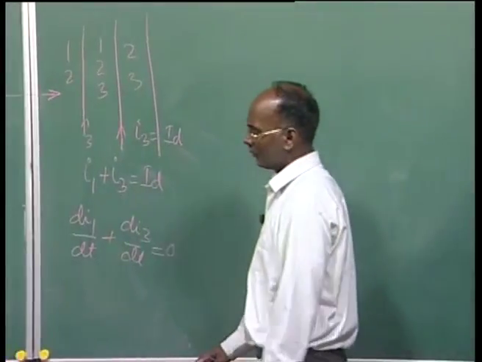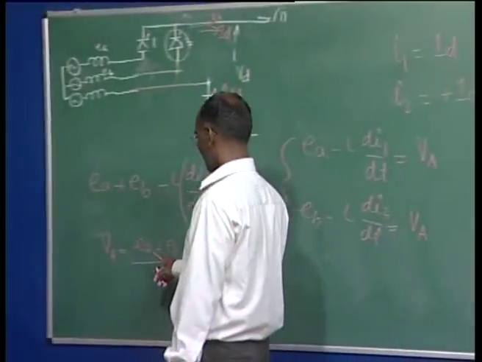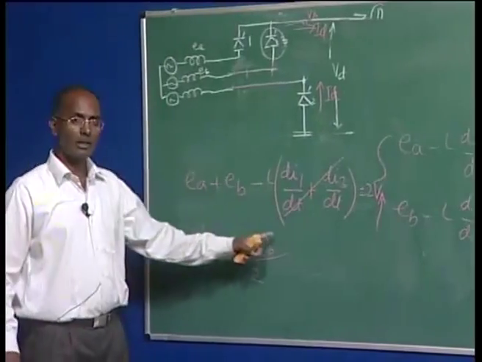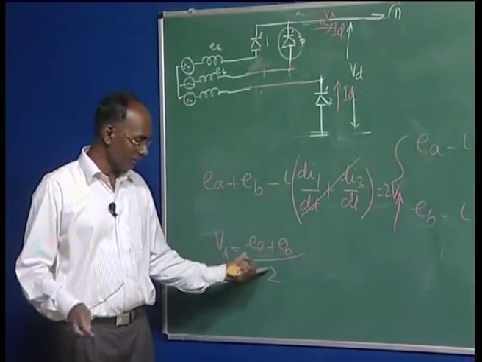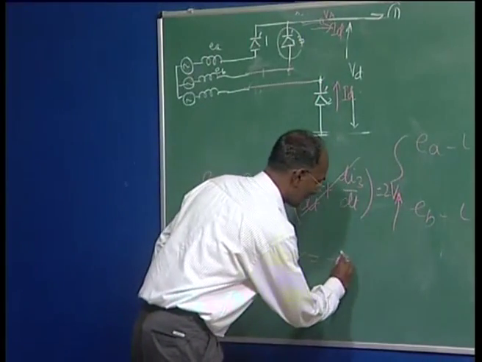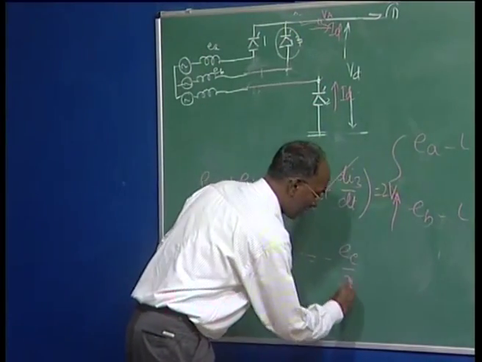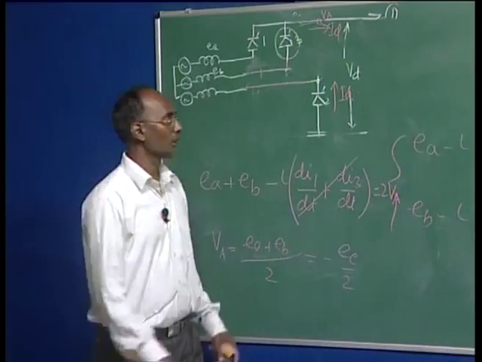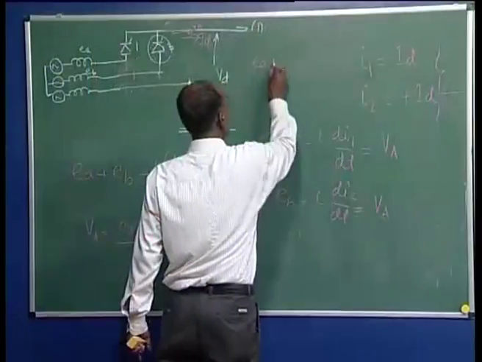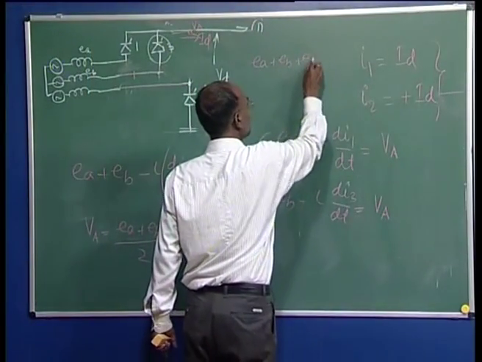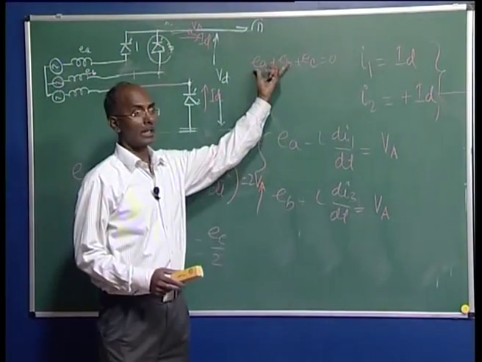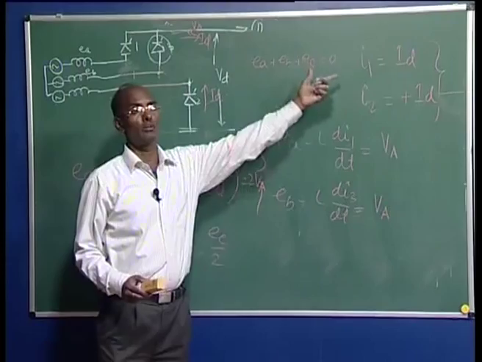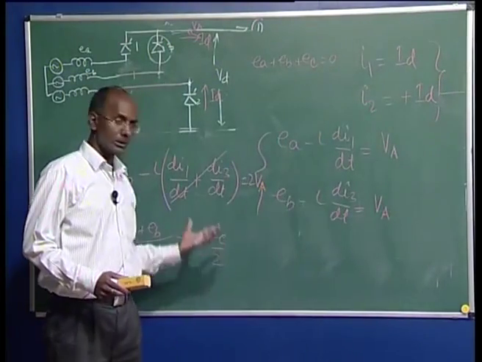And this value, again we are assuming these three phases are balanced, is nothing but minus E C by 2, because we know E A plus E B plus E C is equal to 0. So from this equation we can write E A plus E B is equal to minus E C, and this is the case.